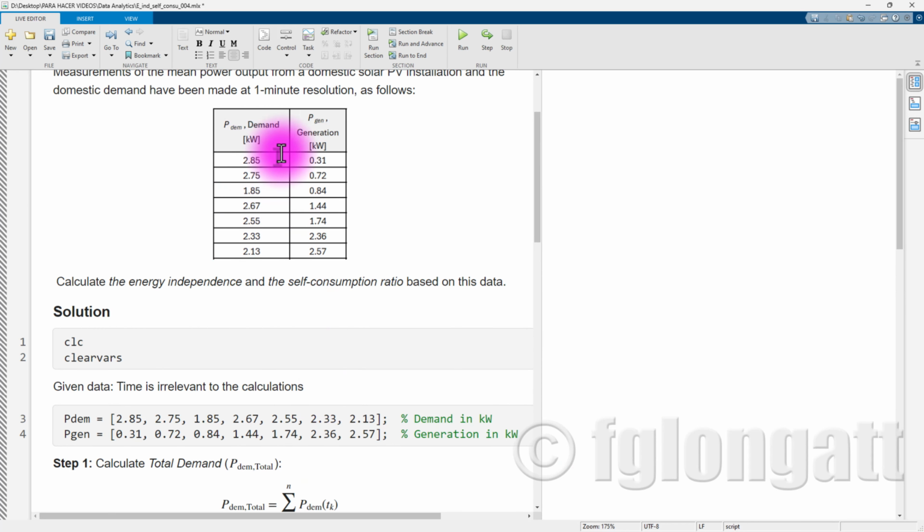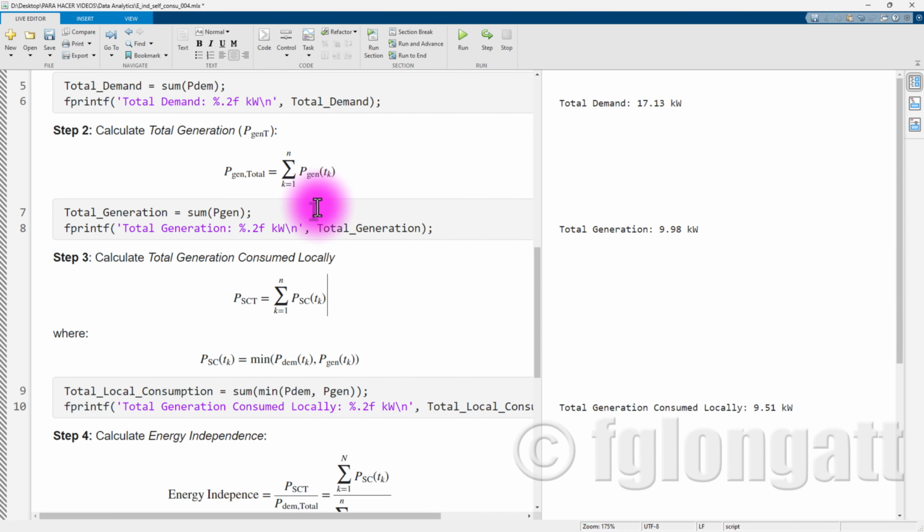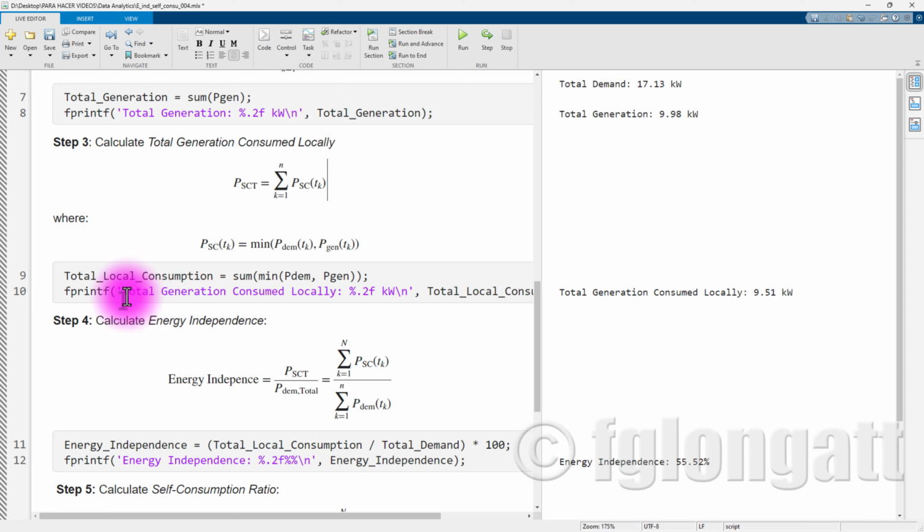For instance, here in the first row, we have a power demand that is 2.85, and we have a power generation that is 0.31. So the minimum value is 0.31, and that represents the total generation consumed locally.